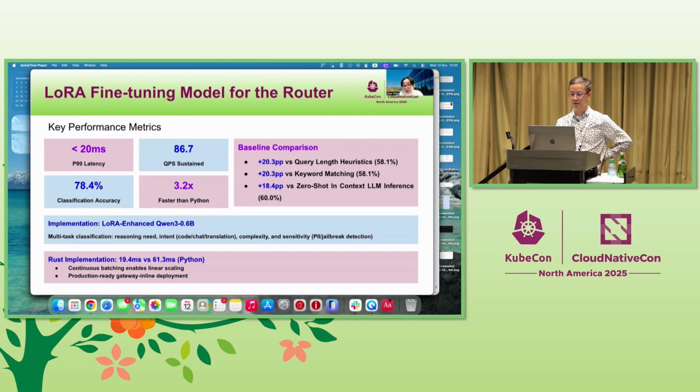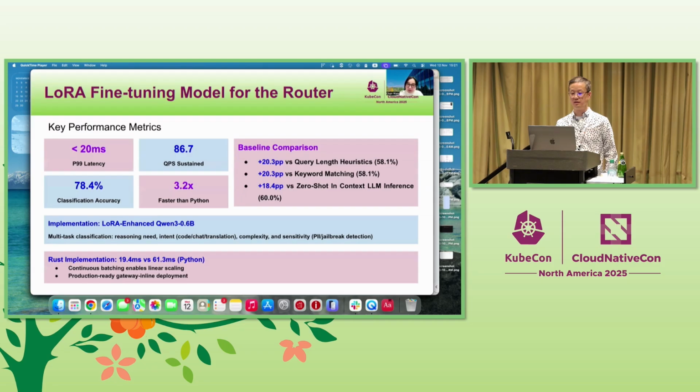For routing to different reasoning chains, we also fine-tune a ModernBERT model, which can also run on CPU. This allows us to classify the query along 4 different dimensions: whether it needs reasoning or not, what the intent of the query is, and what the complexity and density of the query are. And this is classified in a single fast forward pass.